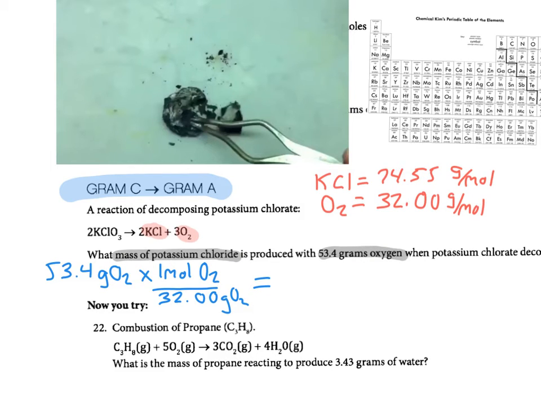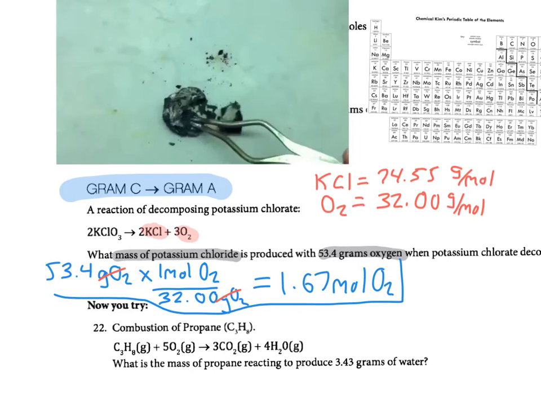In the molar mass step, I just use the molar mass. My grams of oxygen cancel and I'm left with 1.67 moles of O2. That's the first step in the calculation, going from grams to moles.